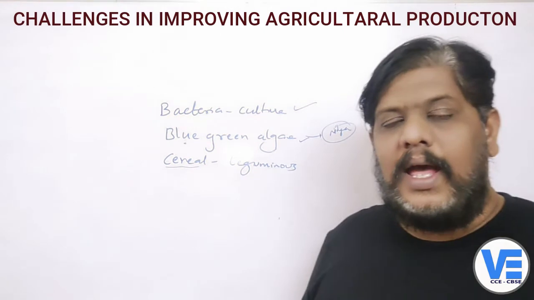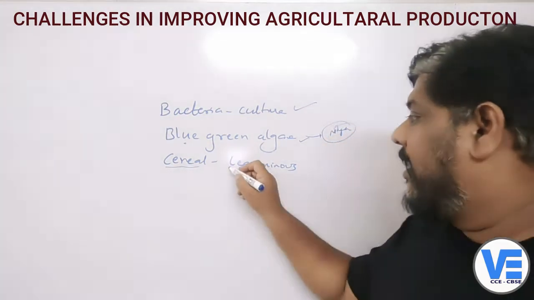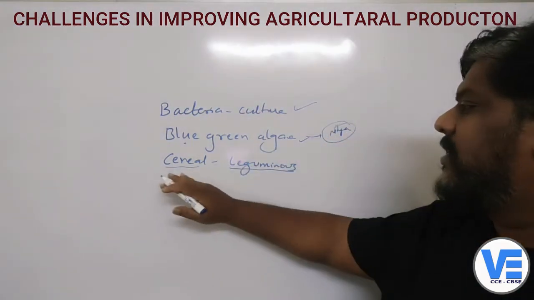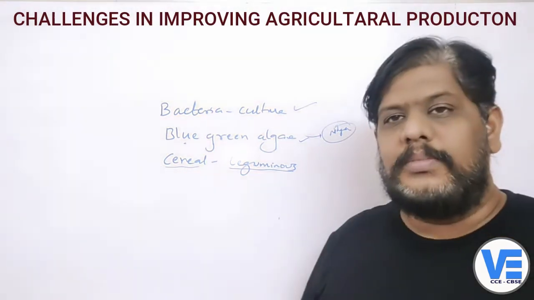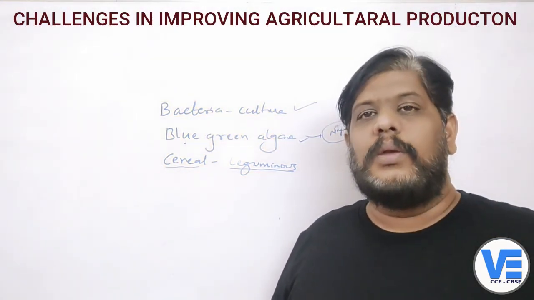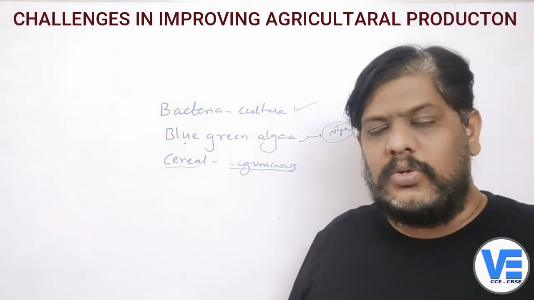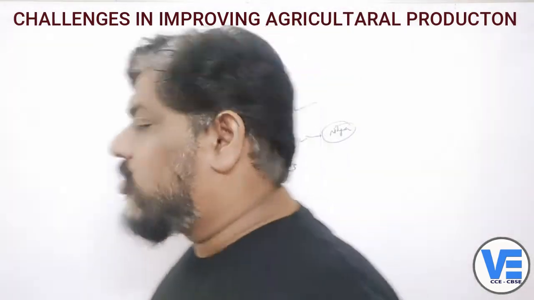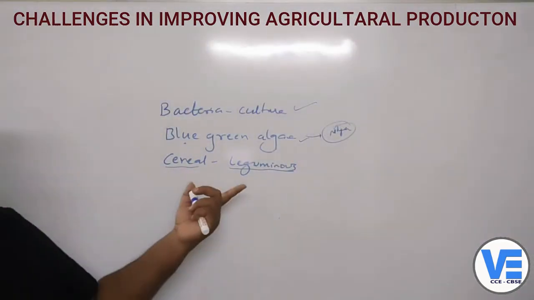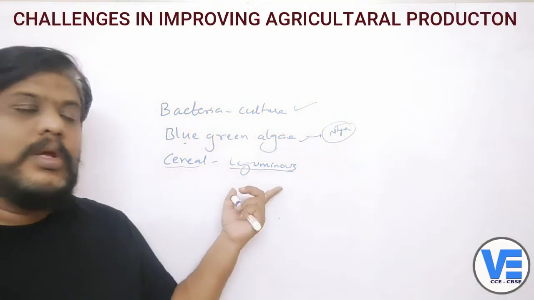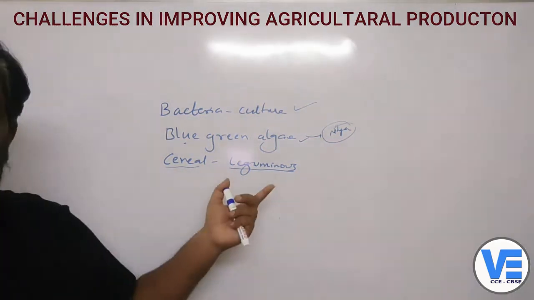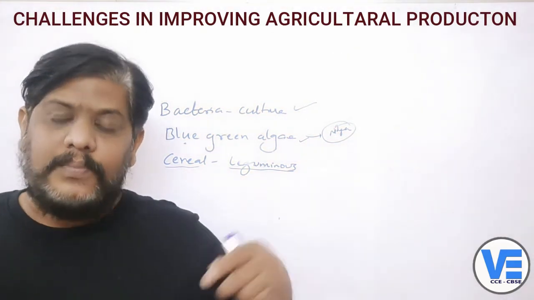So cereals, when they are planted along with leguminous plants, whatever nitrogen is required for the growth of cereal crops, because cereal crops usually require more nitrogen, because the leguminous crops are here, they will keep on giving the required amount of nitrogen. So you need not completely depend upon nitrogen from outside sources.